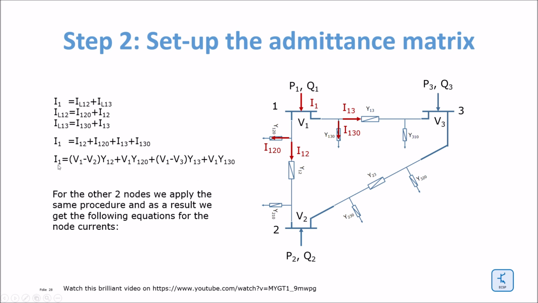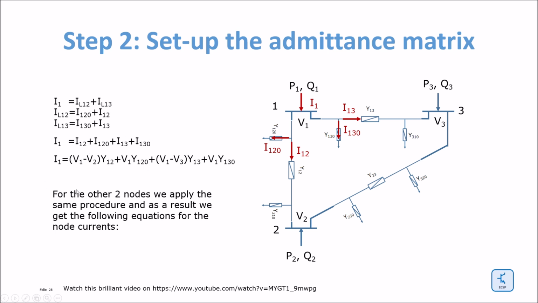So I1 is V1 minus V2 times Y12 plus V1 times Y120, so V1 times Y120 is equal to this current here, plus V1 minus V3 times Y13 plus V1 times Y130. So now I managed to substitute the right side of the equation by voltages times the admittances.